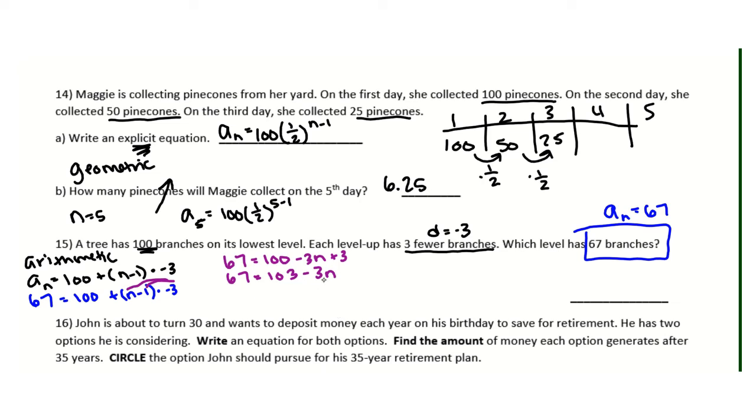I want to get 3n by itself, so I'm going to subtract 103 from both sides. And when I do that, I get negative 36 equals negative 3n. Divide both sides by negative 3, and I get n equals 12. So that means the 12th level will have 67 branches.